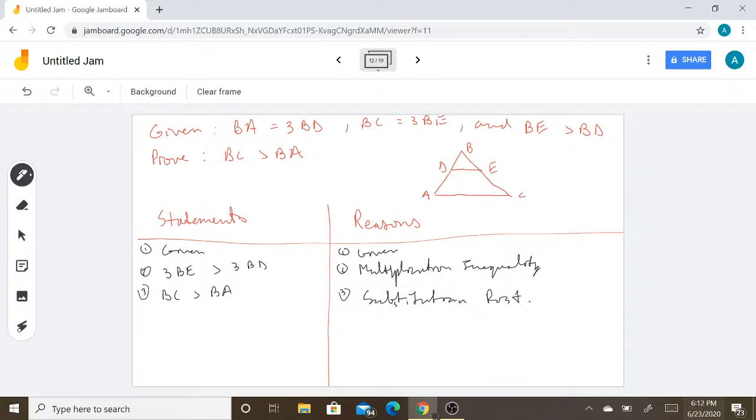So we know that 3 times BE is greater than 3 times BD, but we also know that 3 times BE is equal to BC, and 3 times BD is equal to BA. So we can substitute BA for 3 times BD, and BC for 3 times BE, and we get that the measure of BC is greater than the measure of BA.